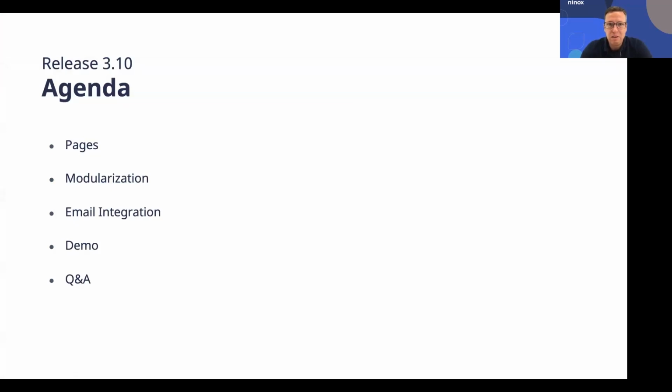So how can I break down a monolithic solution into multiple modules that work independently, but can also talk to each other and get connected to each other. The third big feature we are adding with this release is finally email integration. I'll just explain each of the features, and then we'll have the chance to see it live in action with a short demo.